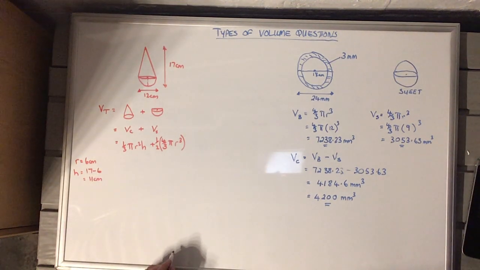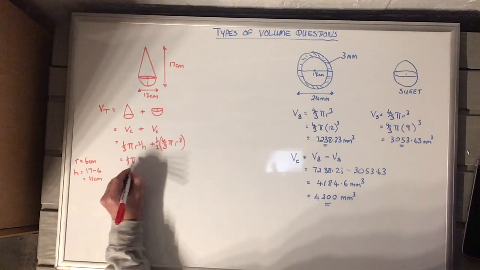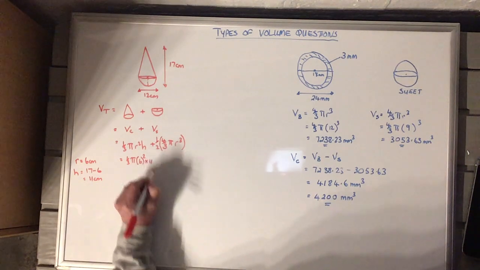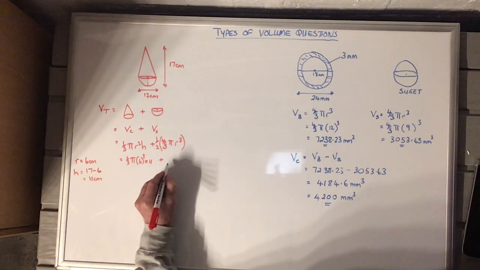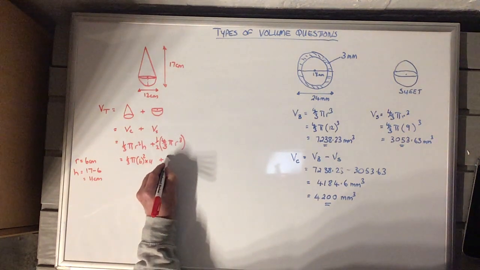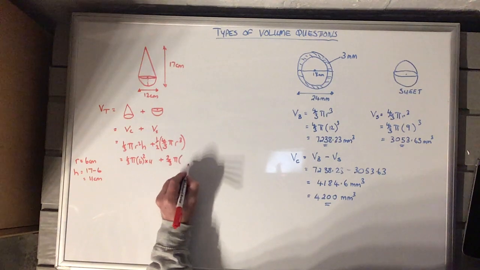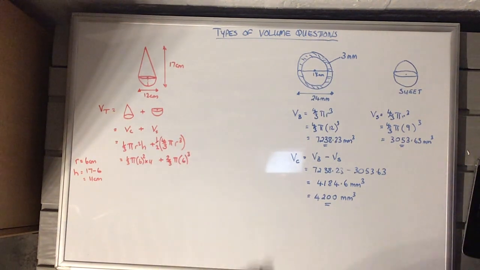So that's everything we need. Just plug it in now. So it's a third pi 6 squared times the height, which is 11, plus, well, a half of 4/3 is 2/3 times pi times 6 cubed.